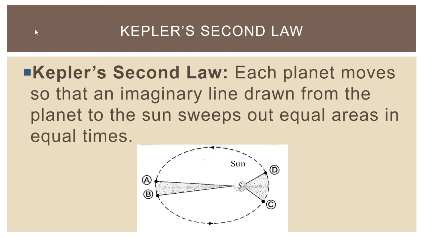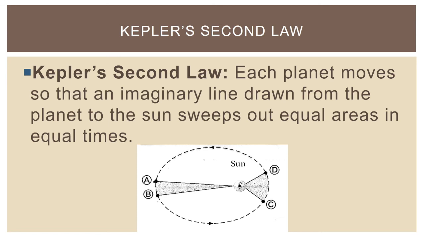When it travels from A to B in this diagram, if you drew a line between the planet and the Sun, as this thing moved from A to B, there would be an area swept out.